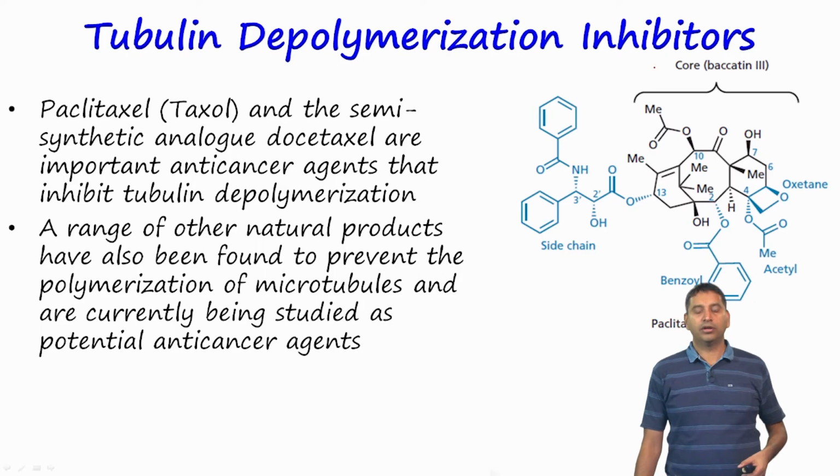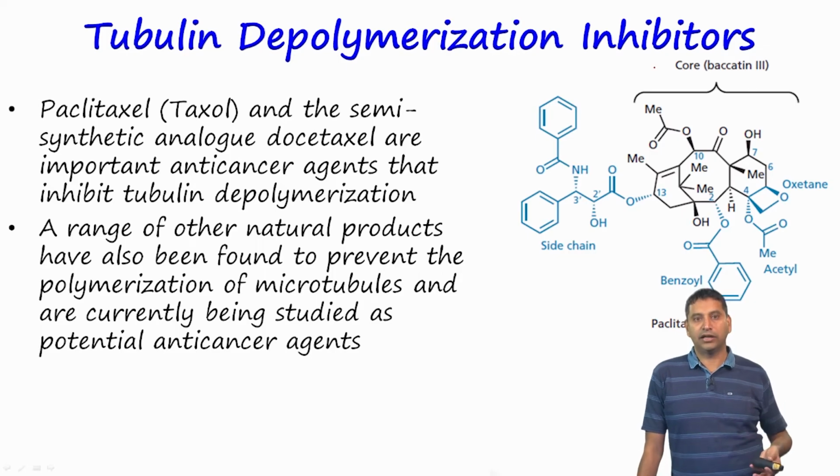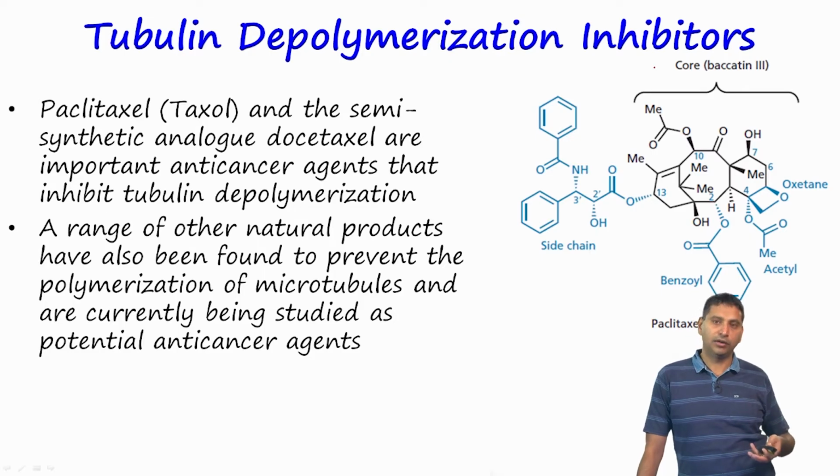The natural product paclitaxel, commercially known as Taxol, and its semi-synthetic analog, which means something with a similar structure but partly synthesized, are known to inhibit depolymerization. There are a range of other natural products which have also been found to prevent the depolymerization of microtubules and so on.